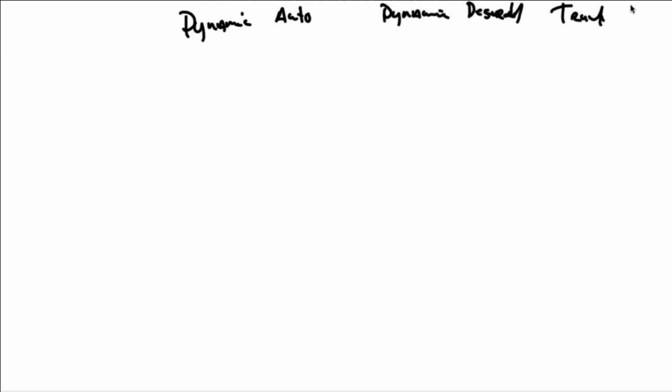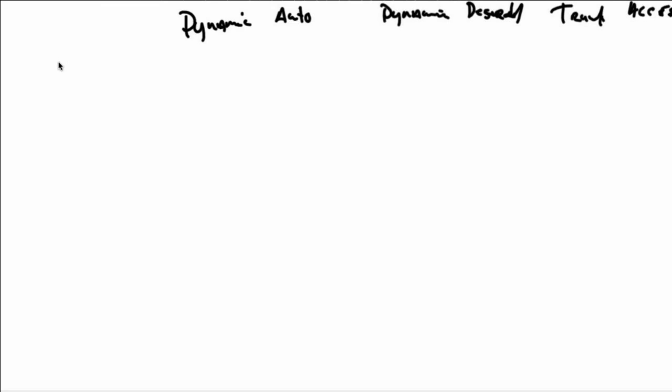First of all, we need to recognize we have 4 modes. We have dynamic. Of our dynamic modes, we have dynamic auto, we have dynamic desirable, we have trunk, and we have access.